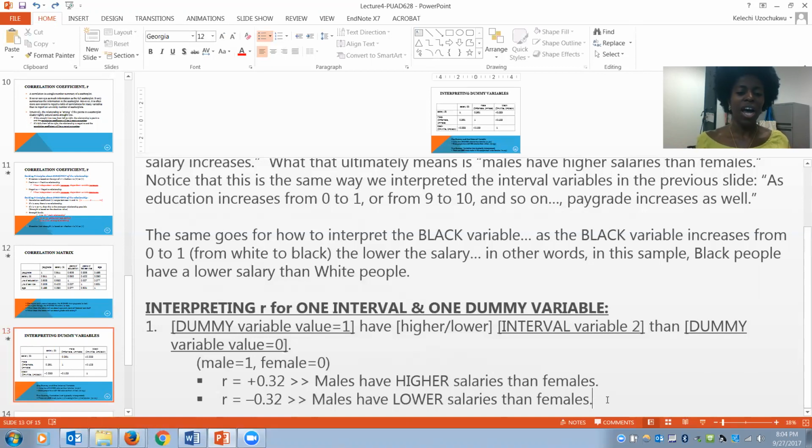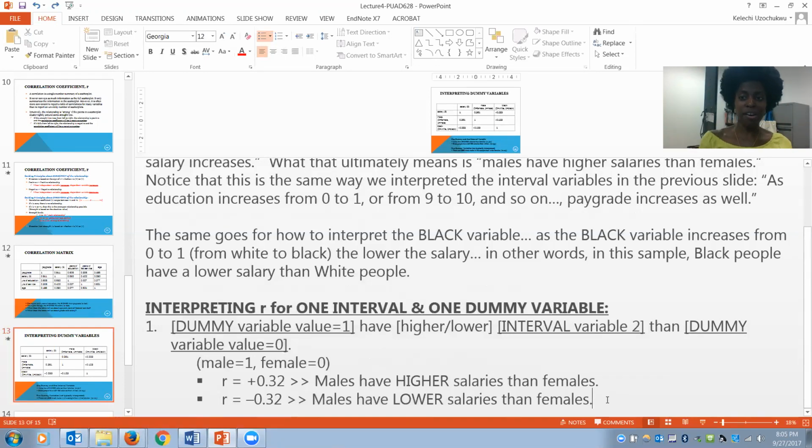So not just direction and strength, I need you to provide the layman's terms. So here it is: males have higher salaries than females, or males have lower salaries than females, comma, but it's a pretty moderate relationship, not very strong, not very weak.